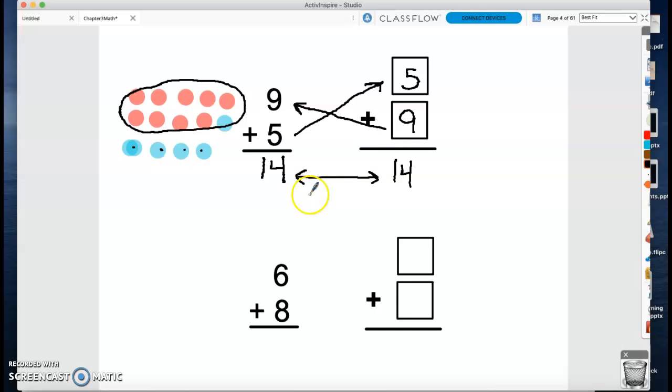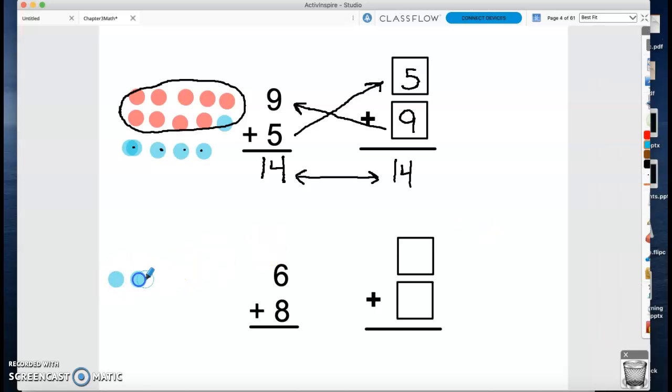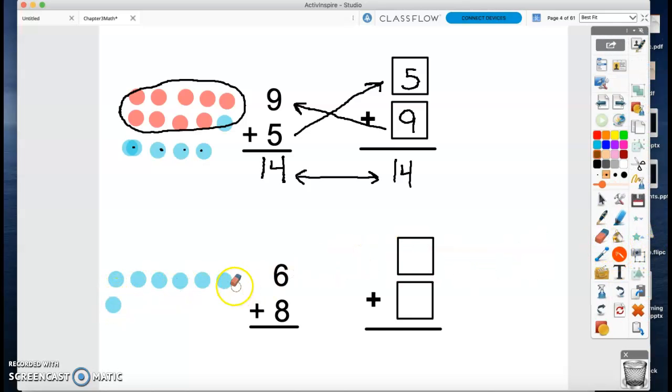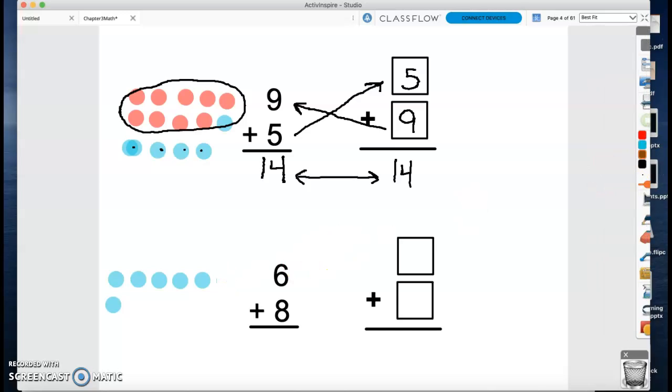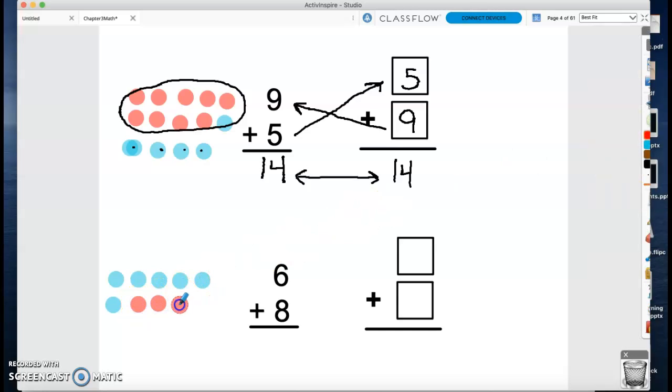It does not change. Let's try this one. We need to know what 6 plus 8 is. So let's draw a picture of it. Here we go. 1, 2, 3, 4, 5, 6. And let's draw our 8. 1, 2, 3, 4, 5, 6, 7, 8.